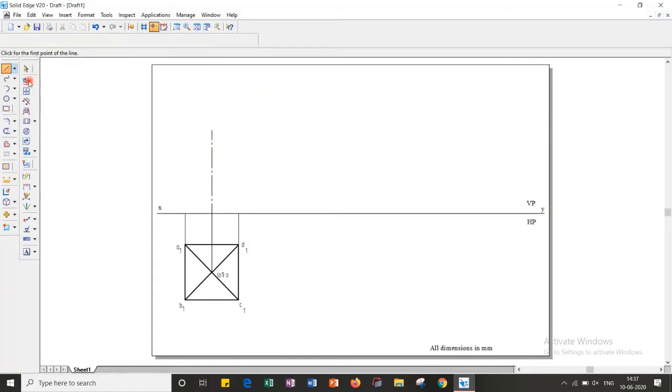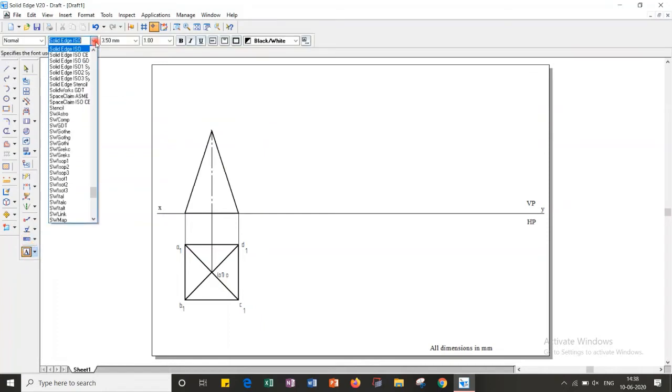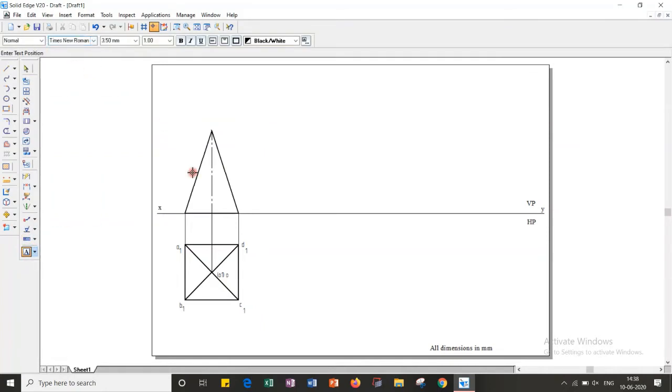Therefore, we'll complete the visible triangular face here. Connect this point with the apex and this bottom point with the apex. Complete the naming also. Along this line, I am having points A1 and B1.